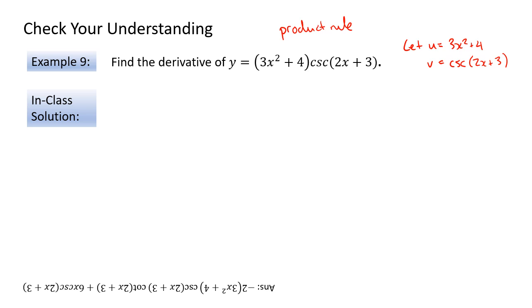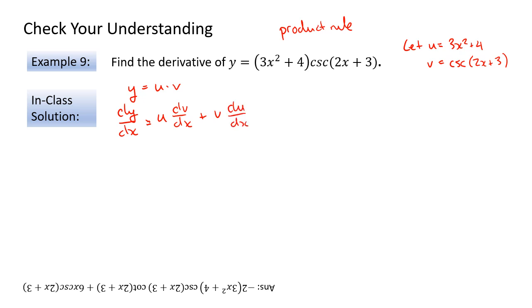Okay, so remember, for the product rule, we get y equals u times v, so the derivative is simply u times dv by dx plus v times du by dx.